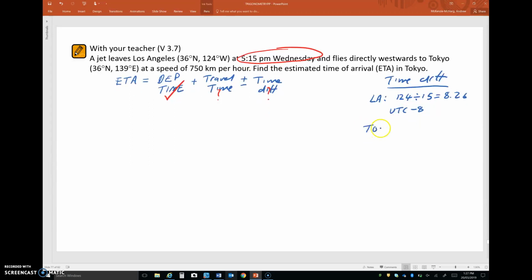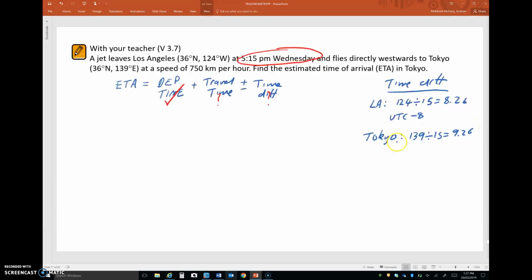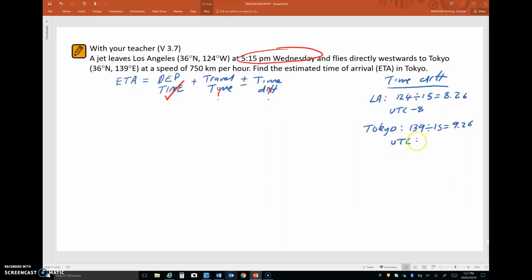Tokyo, 139 divided by 15, 9.26. So because it's to the east, UTC plus 9 hours. So the time difference between LA and Tokyo, minus 8 through to plus 9, is 17 hours. So our time difference is 17 hours.